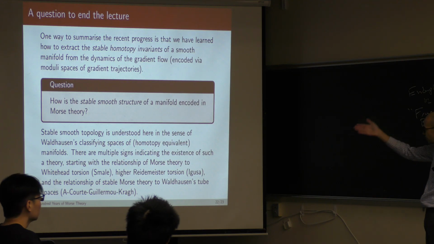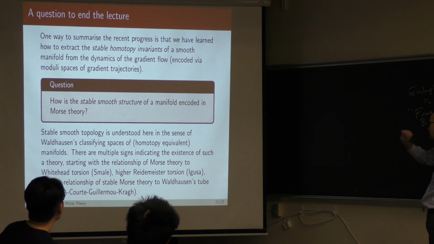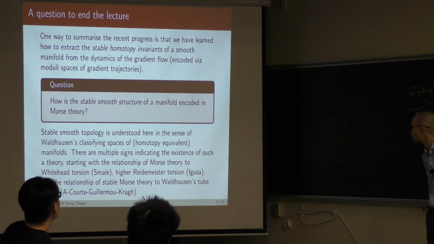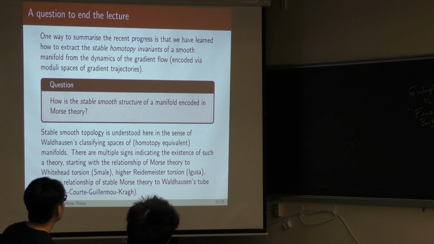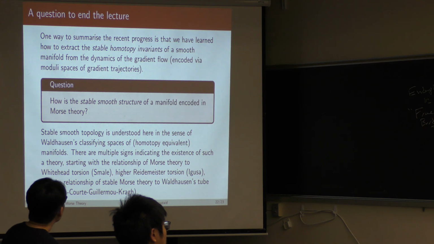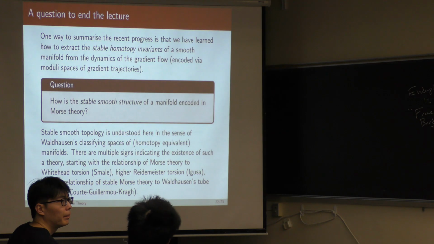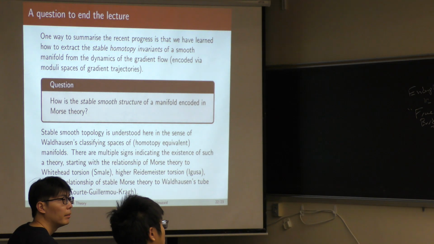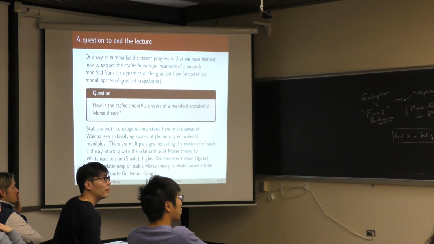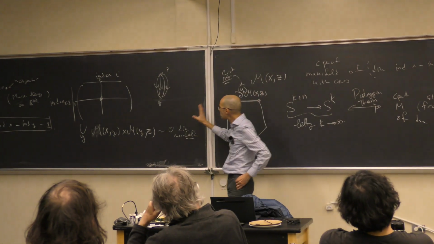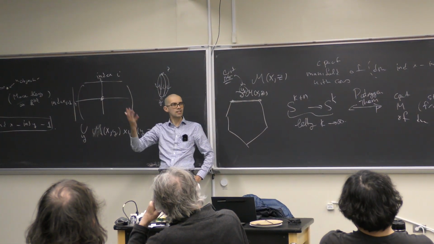I indicated what Smale did with Whitehead torsion, what Abouzaid did with the Reidemeister torsion, and also recently I had a paper with Cooke, Guillermou and Krag, where we managed to relate stable Morse theory to the kind of spaces that Waldhausen studies. But right now, we can only do this in a very concrete way, where we study natural functions crossed with R. We don't have an abstract way of doing it, and you may ask why you would want such an abstract way.